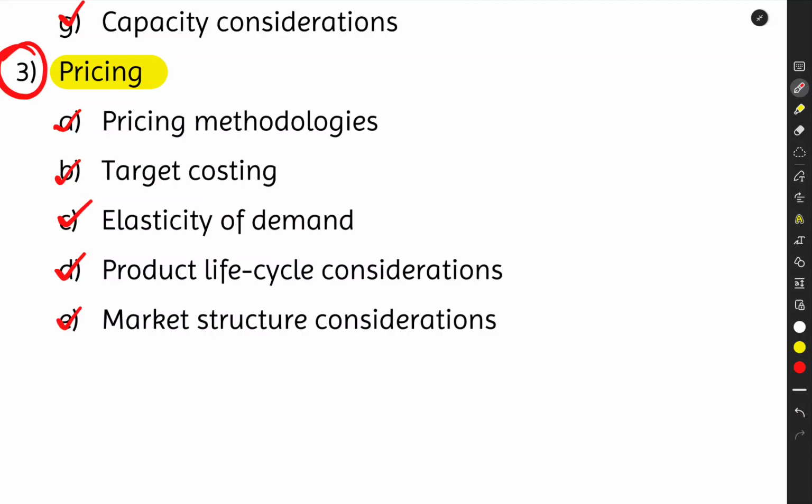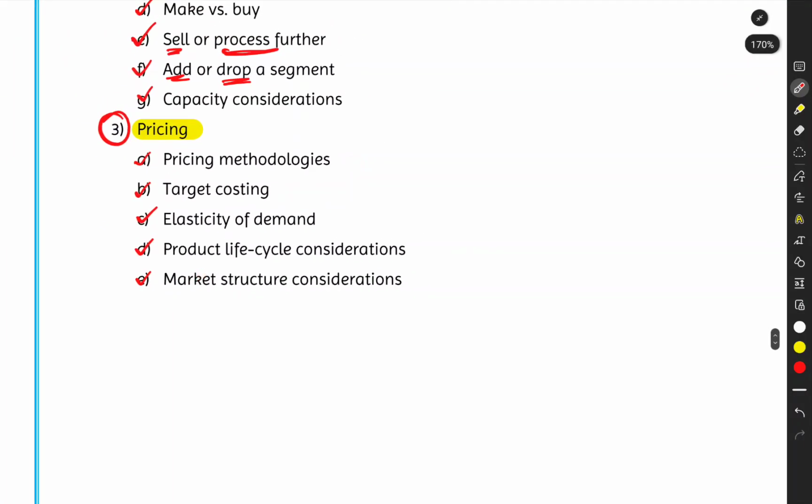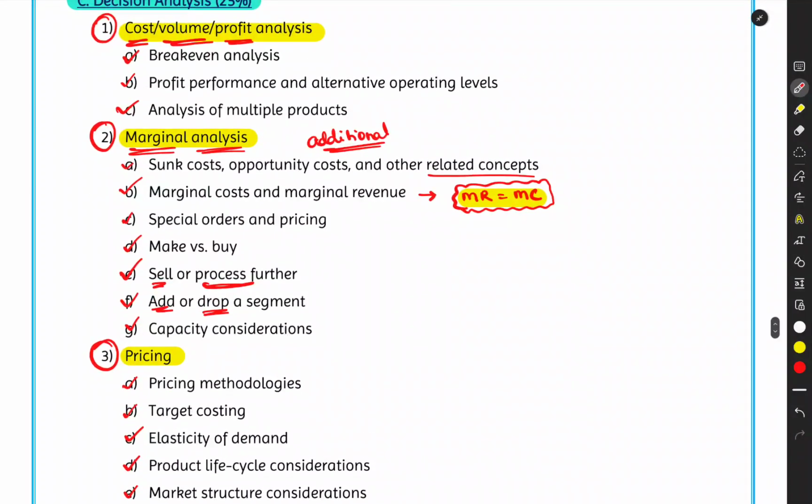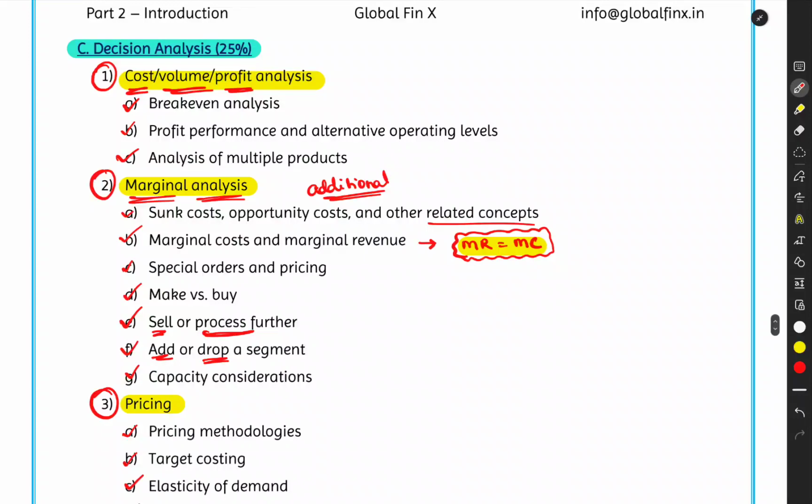Usually in a heavily competitive market, the pricing would be more economical, feasible and affordable. But in a less saturated market, the prices would be monopoly based or dictatorship priced. So those are your topics of section C, decision analysis in CMA part 2.